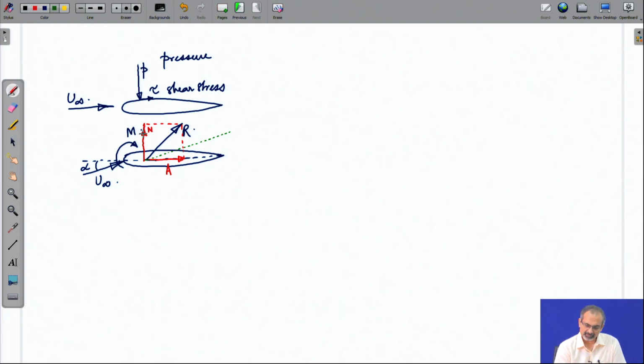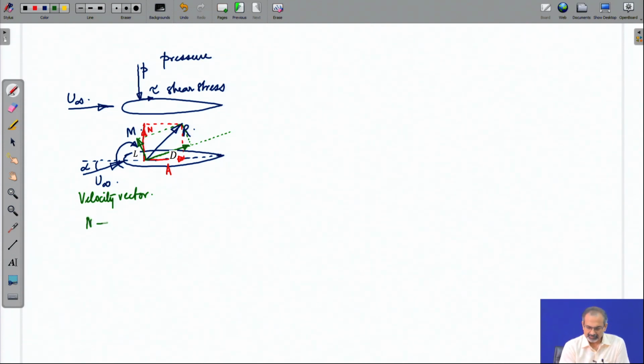You try to resolve the force R into two components. So, this time it is parallel and normal to the velocity vector. So, this is how you can resolve the same force R into two sets of components. We have discussed this earlier.